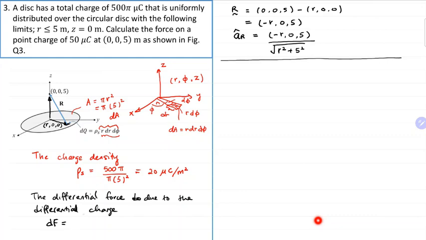That will be Q, which is the charge at 0, 0, 5, times the differential charge, which is rho s r dr d phi, divided by 4 pi epsilon naught times the magnitude of our vector r squared, times the unit vector of our vector r.